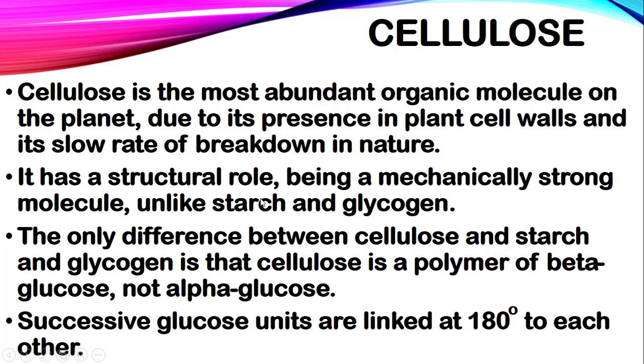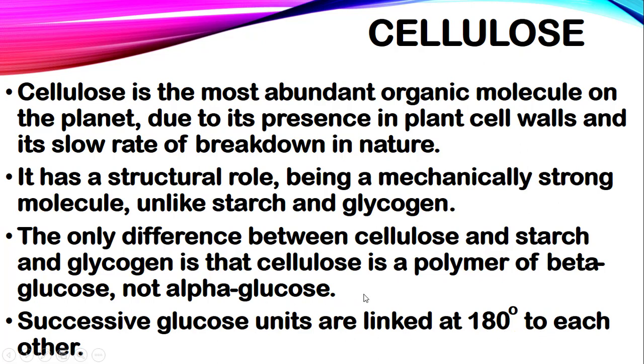It has a structural role, being a mechanically strong molecule, unlike starch and glycogen. The only difference between cellulose and starch and glycogen is that cellulose is a polymer of beta glucose, not alpha glucose. Successive glucose units are linked at 180 degrees to each other.